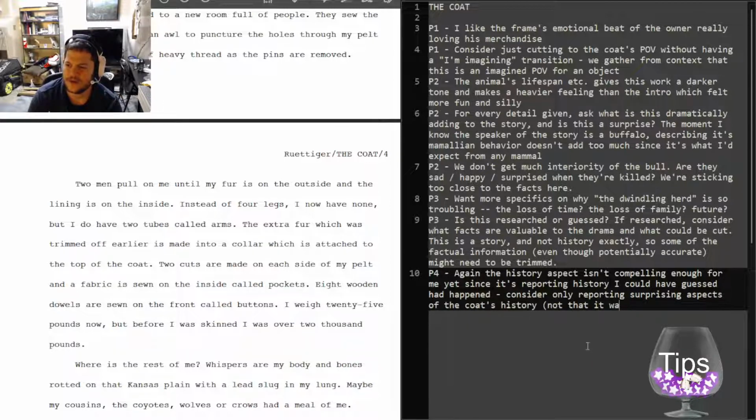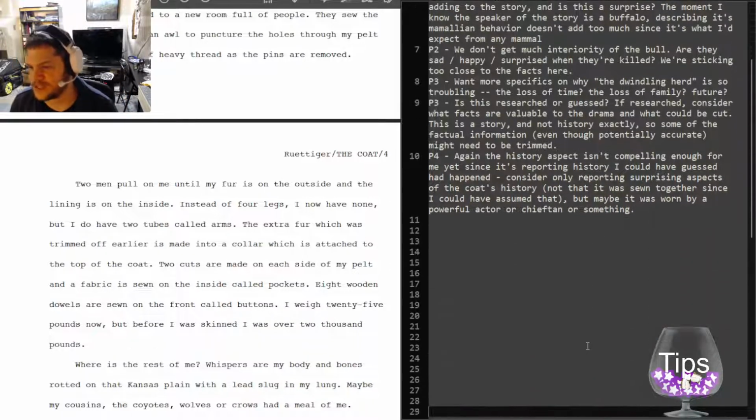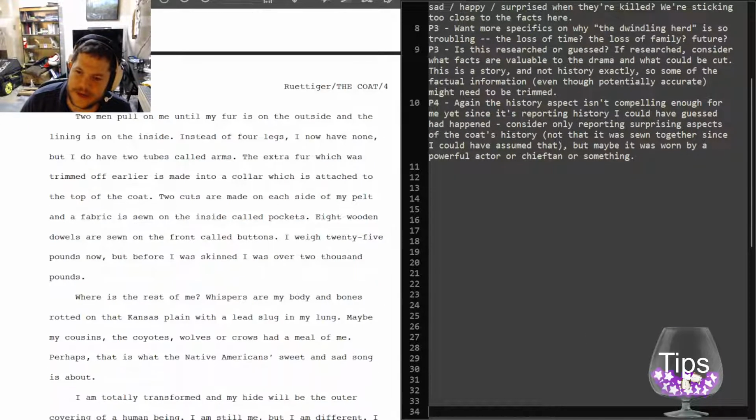Not that it was sewn, since I could have assumed that, but maybe it was worn by a powerful actor or chieftain or something. What are the cool things? What is going to make me care about this artifact just as much as you do, as the writer, right?